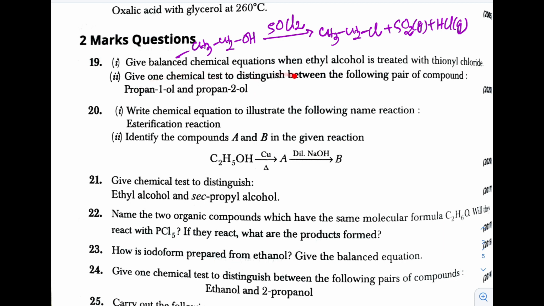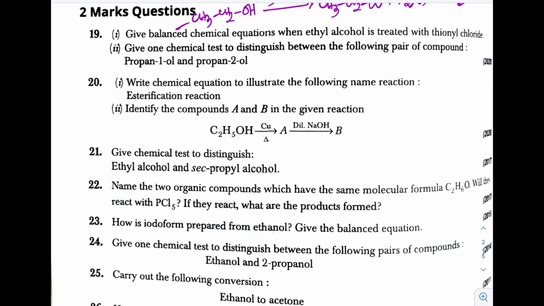Next, give one chemical test to distinguish between the following pair of compounds: propan-1-ol and propan-2-ol. This is a very common test. This is propan-1-ol and this is propan-2-ol. Propan-2-ol contains the CH3CHOH group directly attached to carbon, so the haloform test will be done.